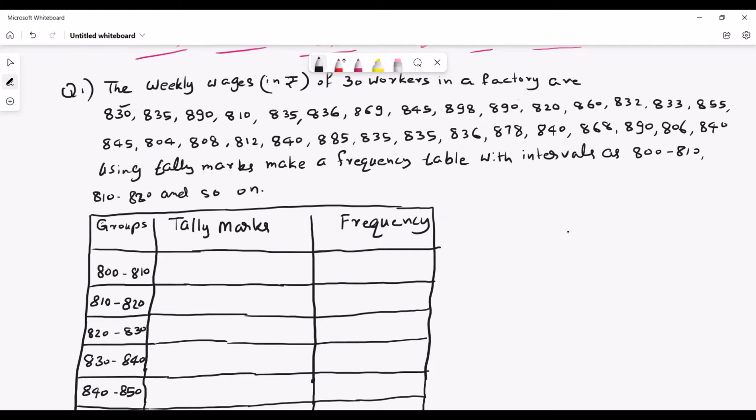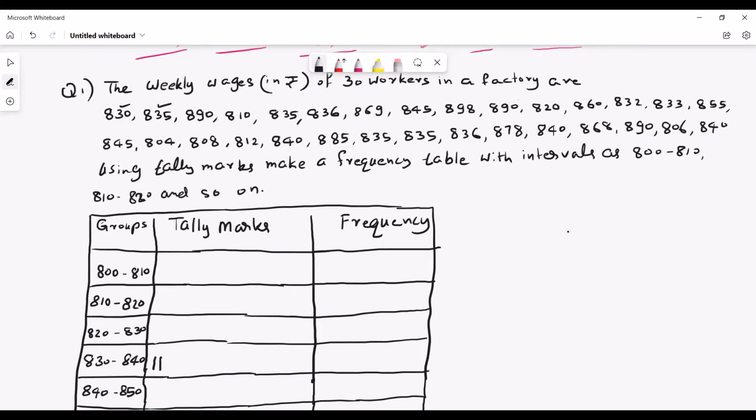How do we mark the tally marks? We represent this 830 in terms of tally marks here. To represent 830, we put one tally mark, a line this way. Thereafter, we have 835, which is between 830 and 840, so that also comes here.